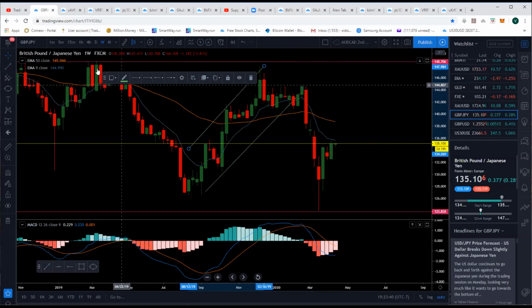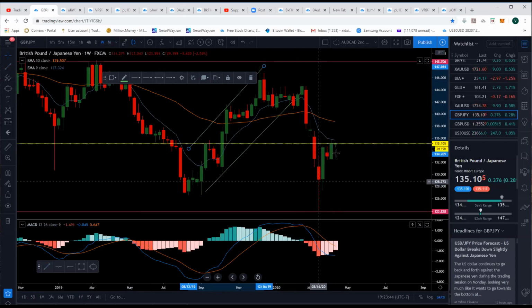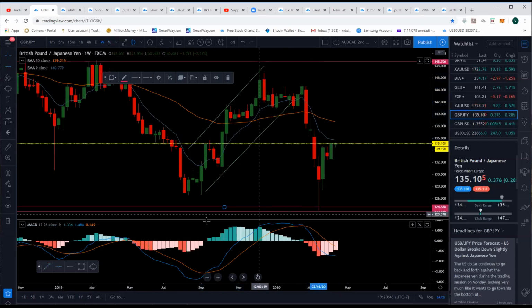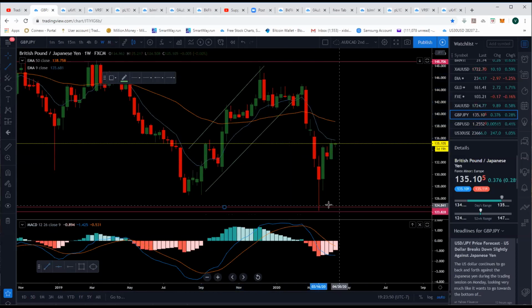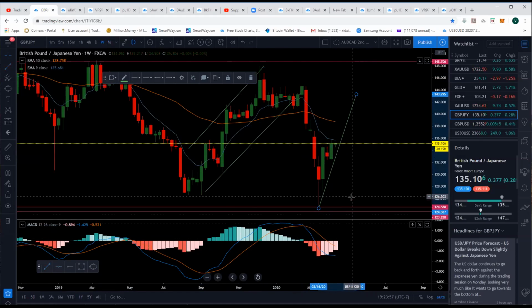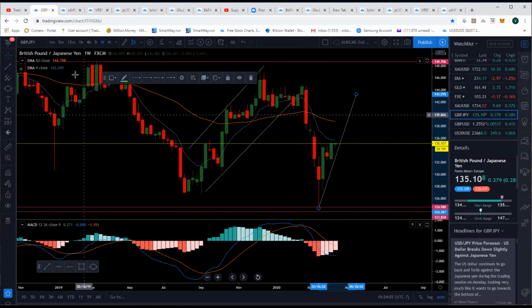But because we're in the weekly, we want to see this trend right here. Everybody see that? It's an uptrend. Yep. That's in the weekly.